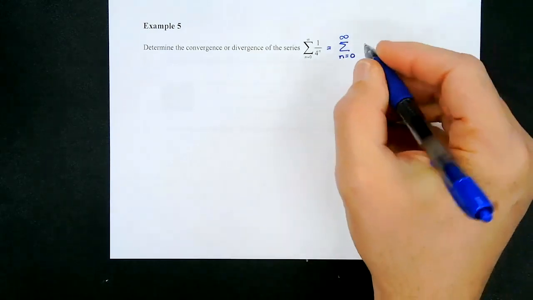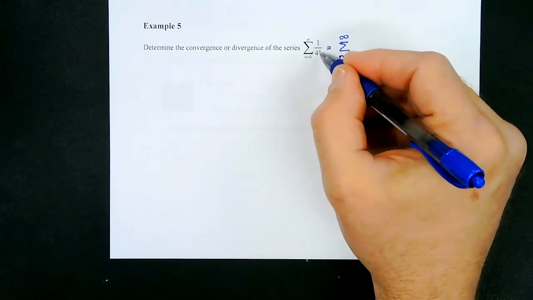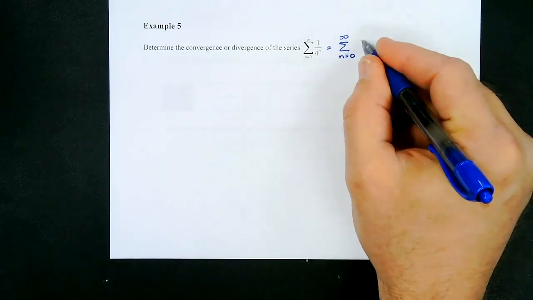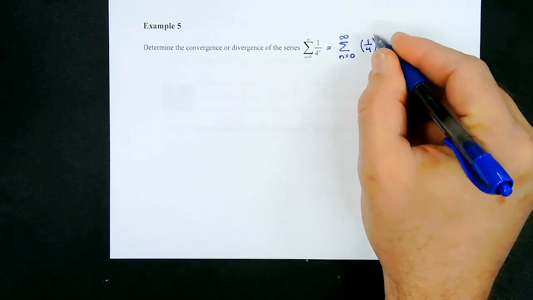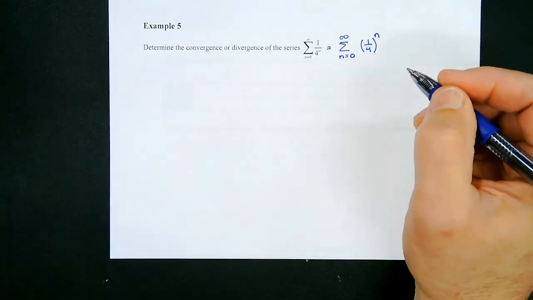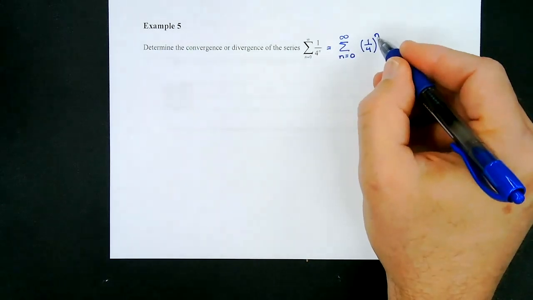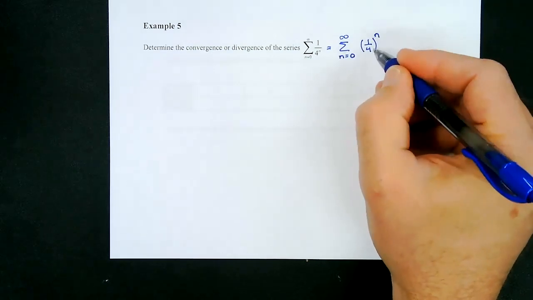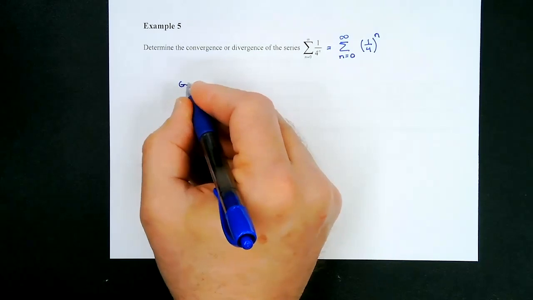This is 1 over 4 to the n, but this could also be written as 1 to the n over 4 to the n, so this could actually be written as 1/4 raised to the n power. That means we have powers of 1/4, so we're multiplying by 1/4, the same thing each time. That's called a geometric series. So this is a geometric series.